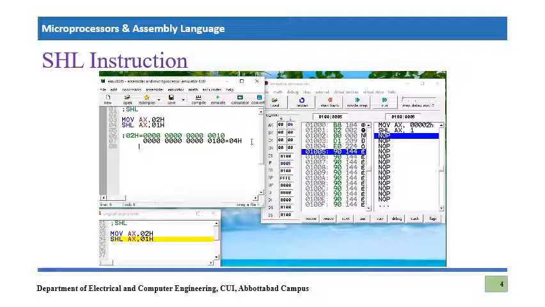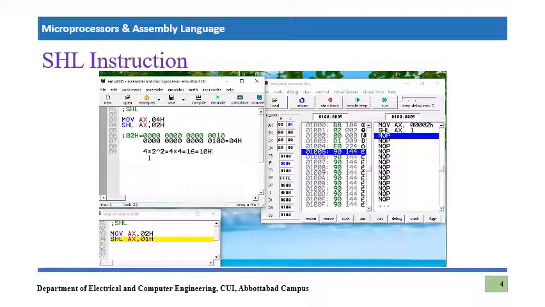Let's take a simple value, say 04, and we want to shift it 2 units. The number is 4, and we multiply it by 2 to the power 2, so the result should be 4 times 4, which is 16, and that is 10 in hex.